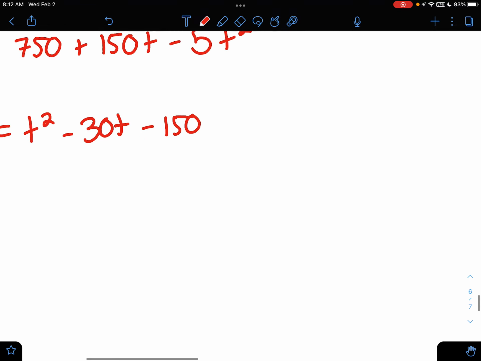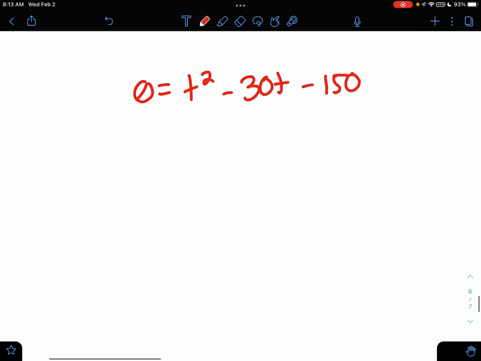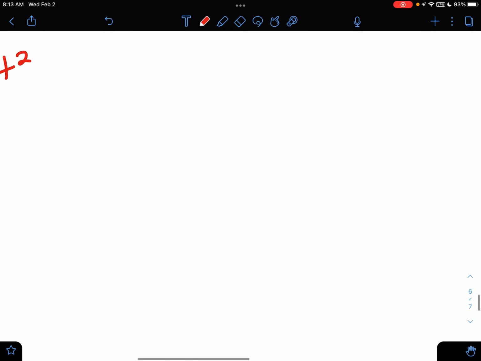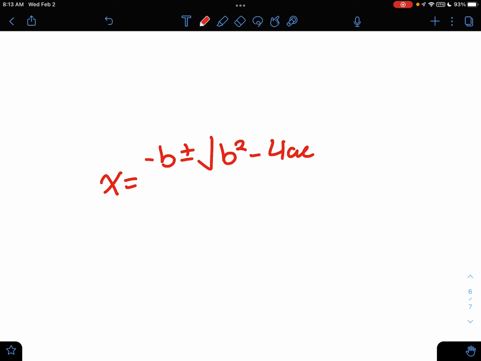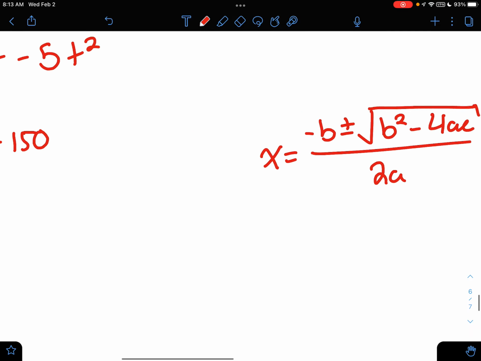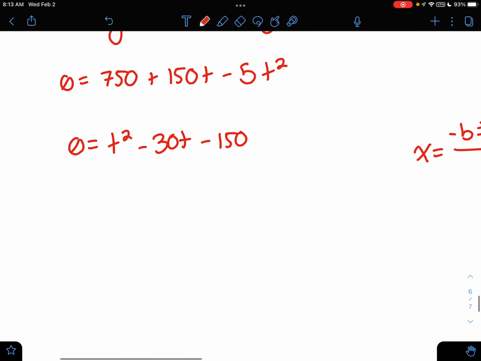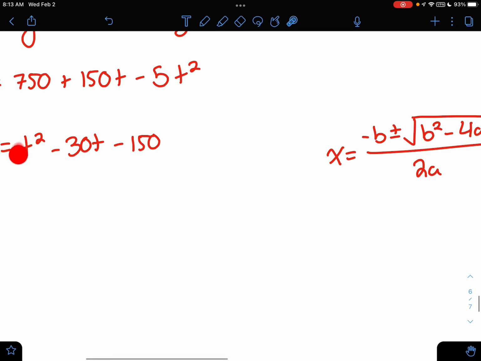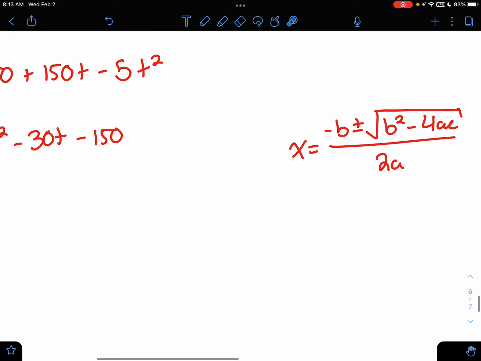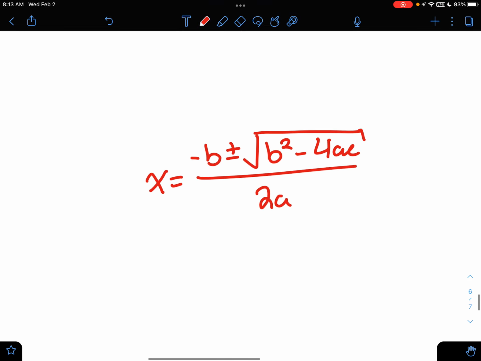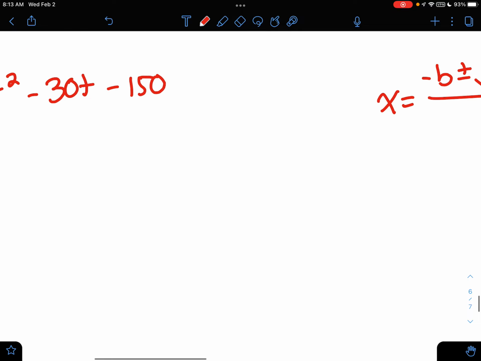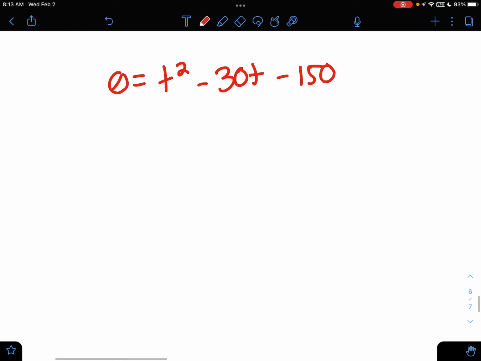So we're going to use our lovely best friend, the quadratic formula. Say it with me if you remember: x equals negative b plus or minus the square root of b squared minus 4ac all over 2a. Since I simplified it down a little bit, a is equal to 1, b is negative 30, and c is negative 150. Plugging all that in is not fun, so my calculator does it for me.